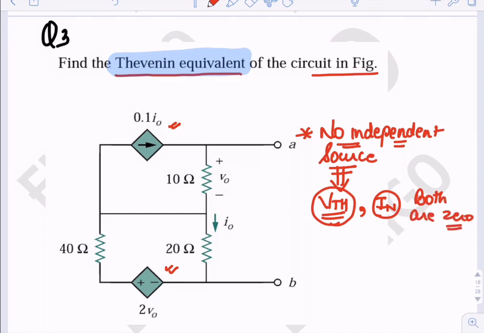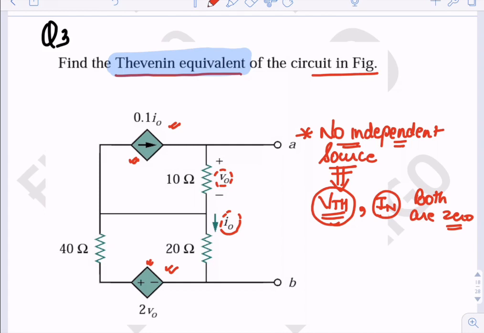Because there is no one to drive the current I0 or V0 in the circuit. Until and unless I0 and V0 are present, these dependent sources are inactive. Someone has to initiate these currents and voltages inside the circuit, and only then will these dependent sources start providing power to the circuit.